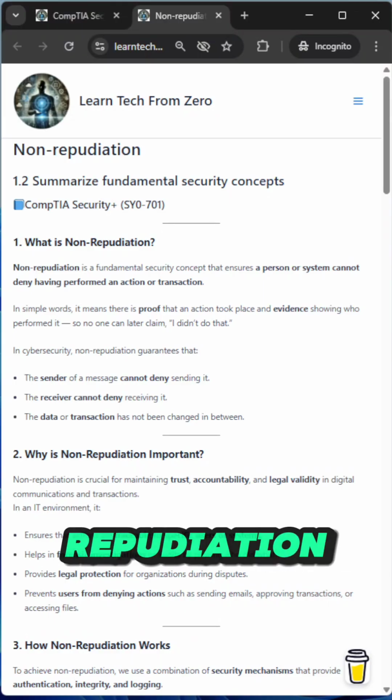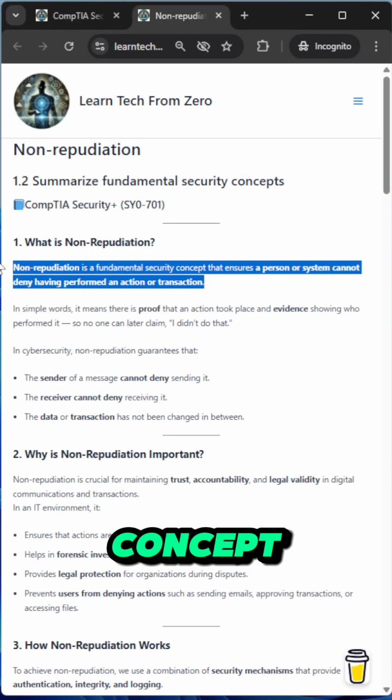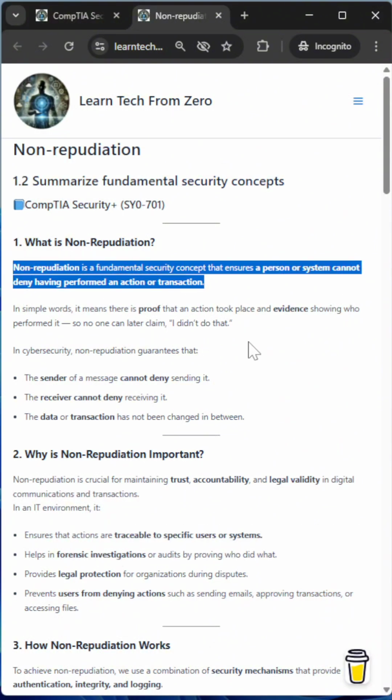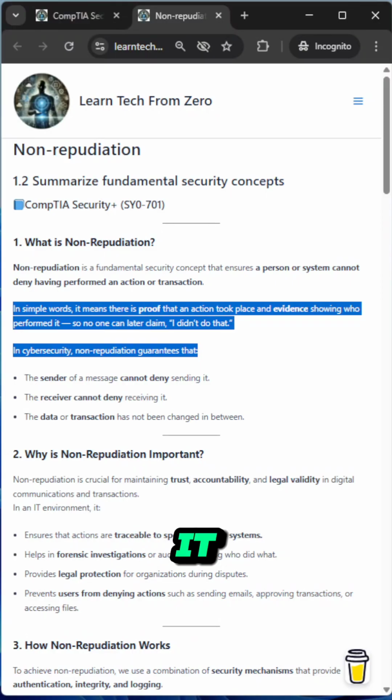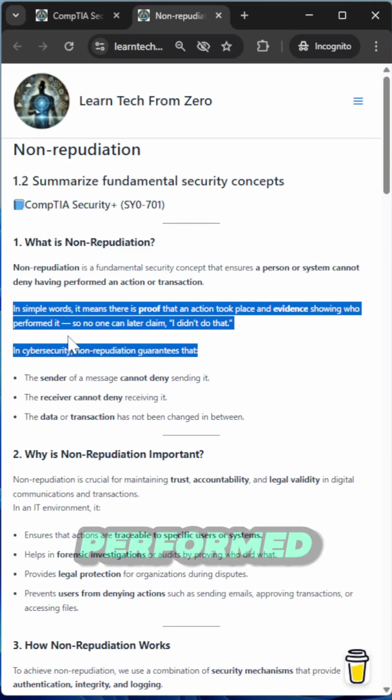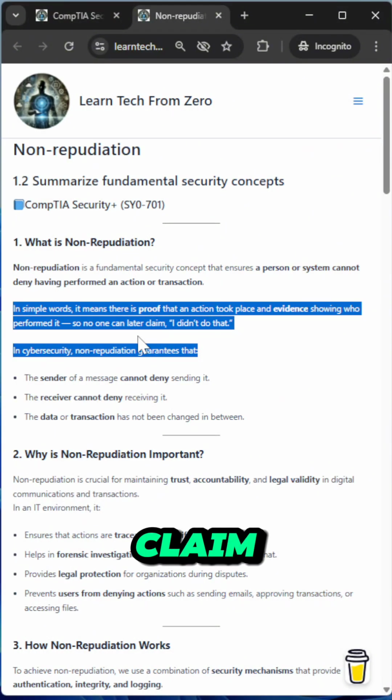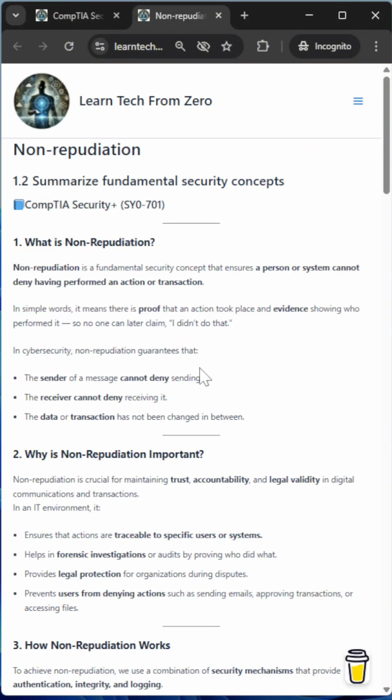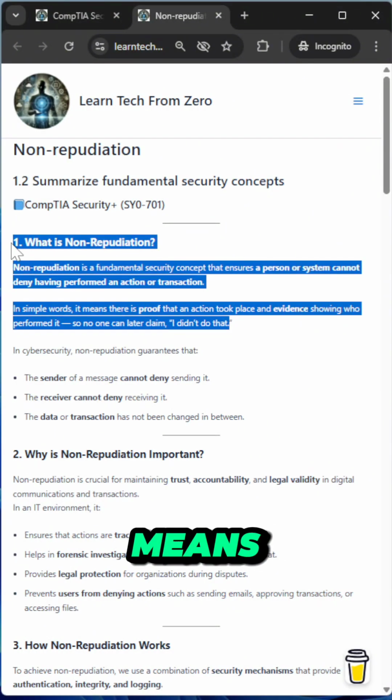Okay, what's non-repudiation? Non-repudiation is a fundamental security concept that ensures a person or system cannot deny having performed an action or transaction. In simple terms, it means there is proof that an action took place and evidence showing who performed it, and no one can claim later, "I did not do that." Any device will record if someone does something.